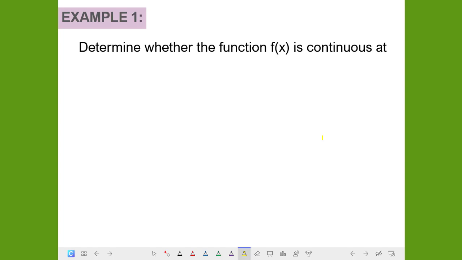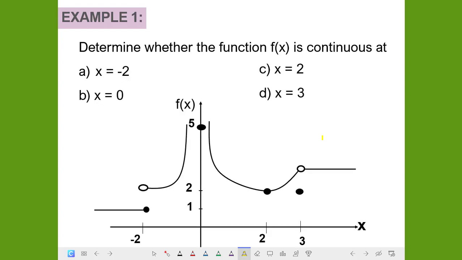Example 1. Determine whether the function f(x) is continuous at these points. Given this graph, we need to discuss when x is equal to -2, 0, 2, and 3.